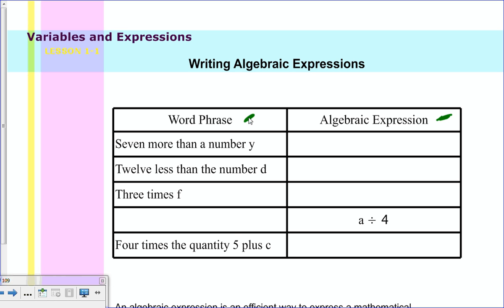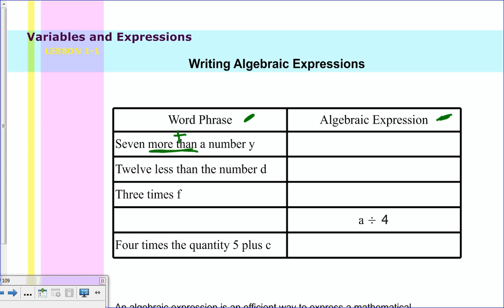7 more than y. Now what I like to do first is find that key word. Find those words that tell me if I'm adding, subtracting, multiplying, or dividing. And this more than here helps me figure it out. More than means to add. If you look back at our list, I think I had more than under that addition sign.